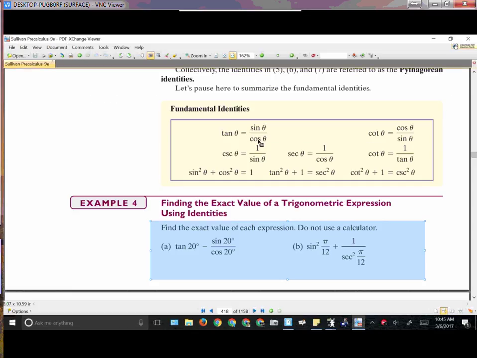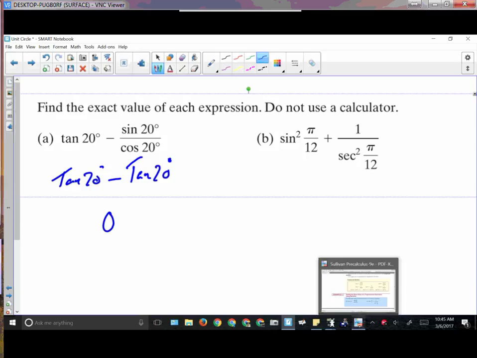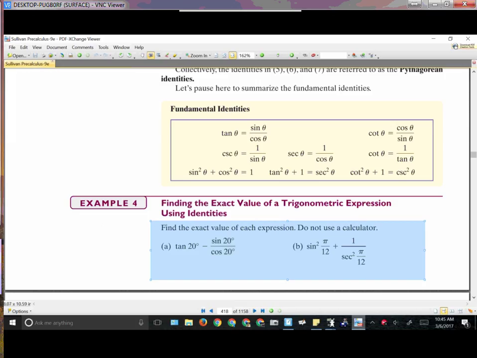Tangent is sine over cosine. So instead of writing tangent 20 minus that, I could write either sine 20 over cosine 20, or I could take tangent of 20 minus tangent of 20. What do I get? 0. Simple substitution.